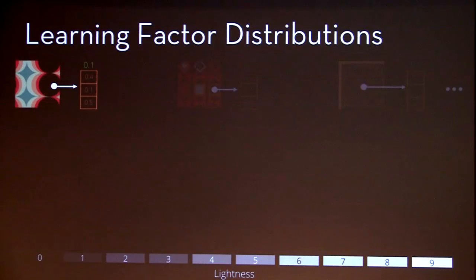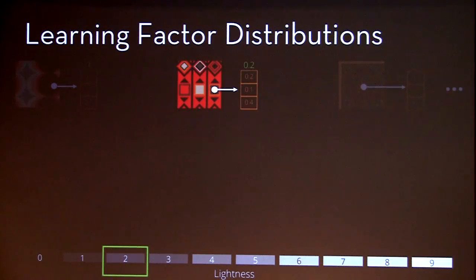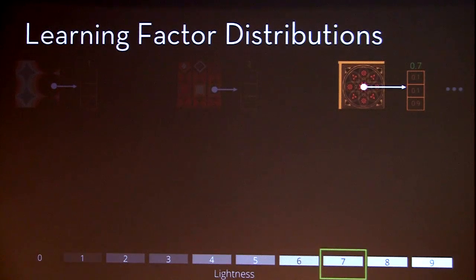Okay, so if we take a look at this particular pattern, the lightness value for this region would fall into this bin. So we will say that this region has discrete lightness value 1. Similarly, this region had value 2, and this one has value 7.